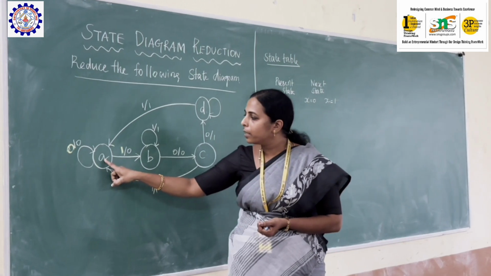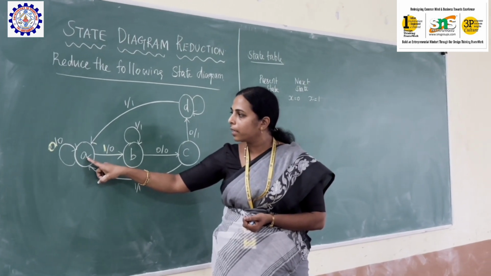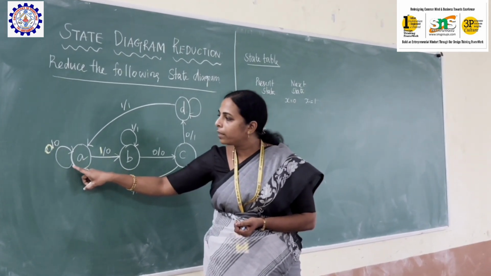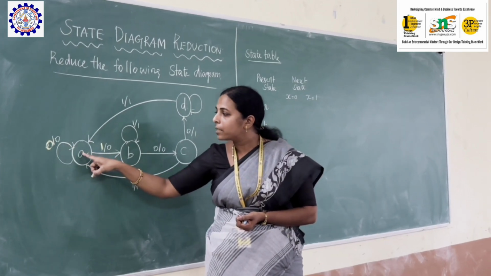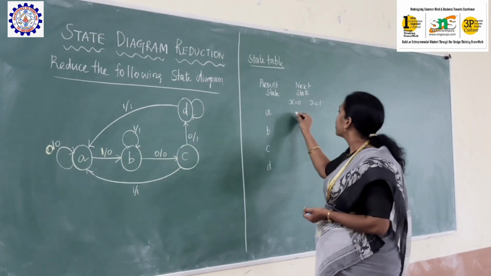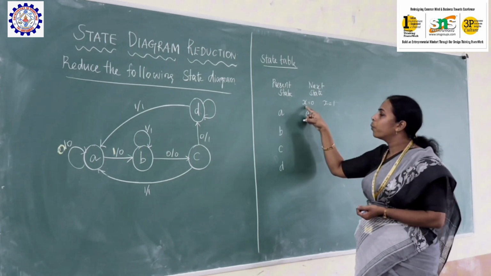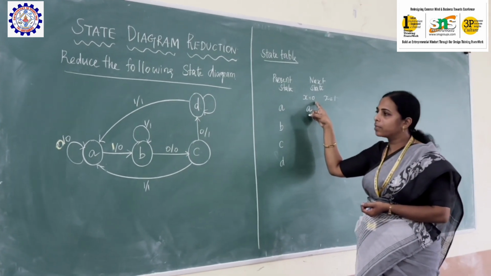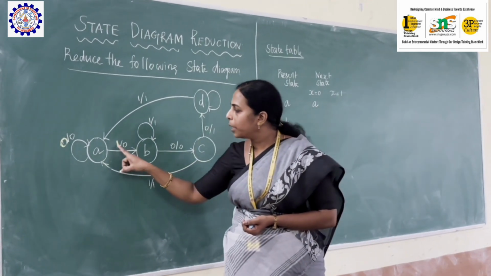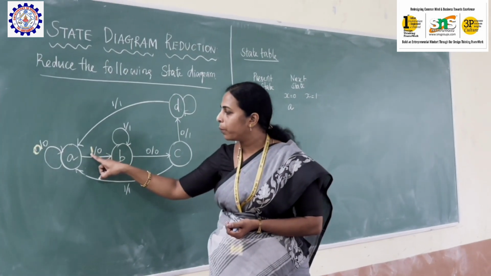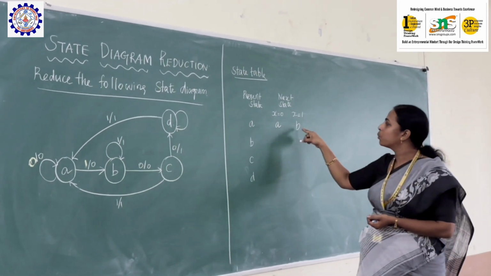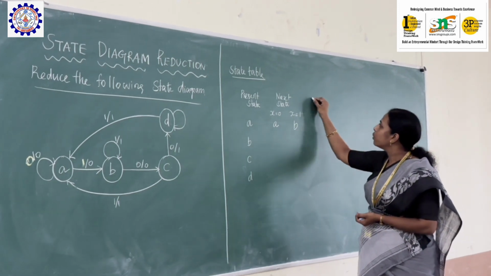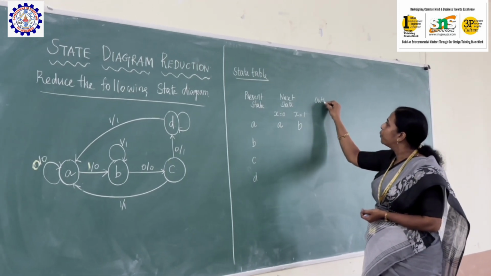So here this is state A, considering it as the present state. When the input is 0, the next state is A itself, so I am writing A here. And when the input is 1, it goes to B. Also here I am writing the output.